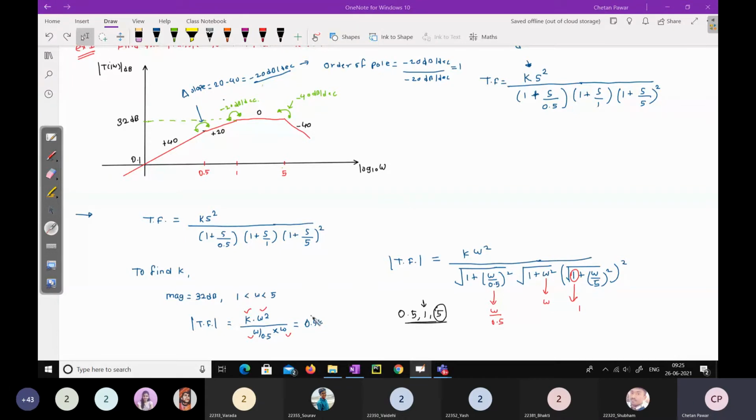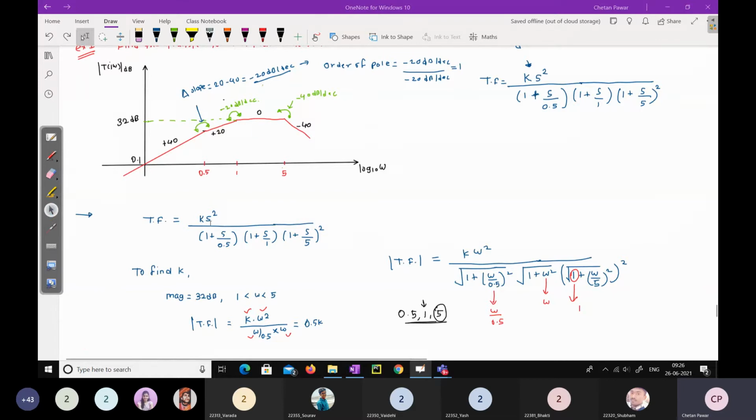So we have taken k into omega square divided by omega by 0.5 into omega, and this one is 1 only, so no need to write it here. So we got a magnitude of 0.5k.